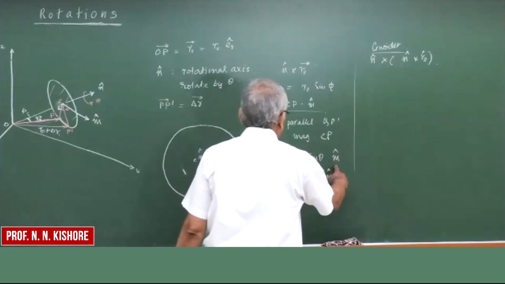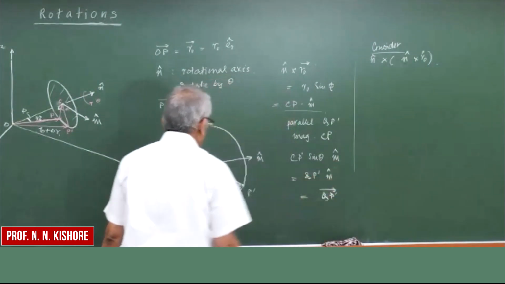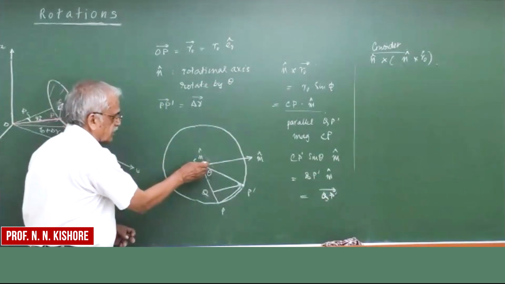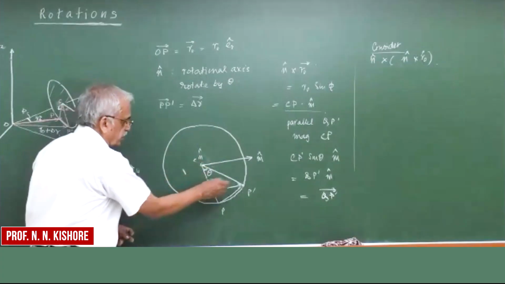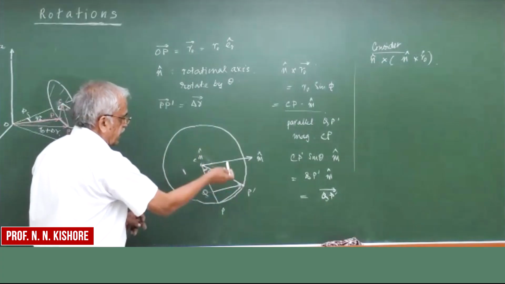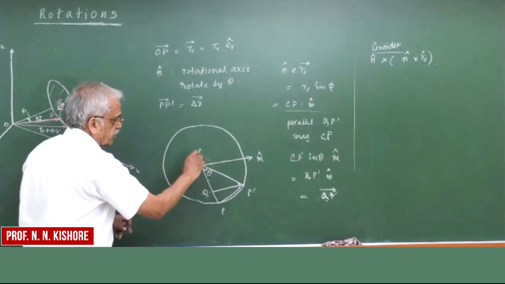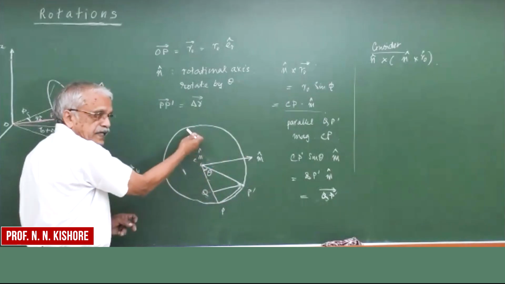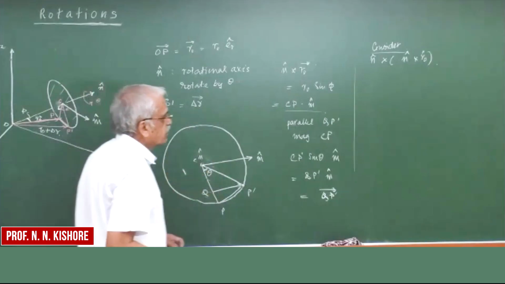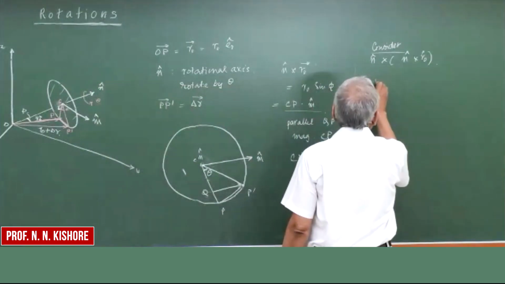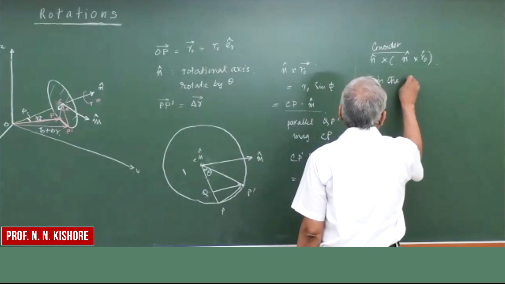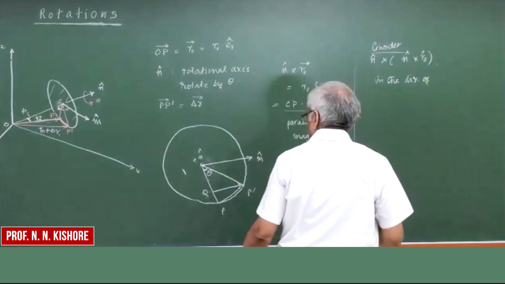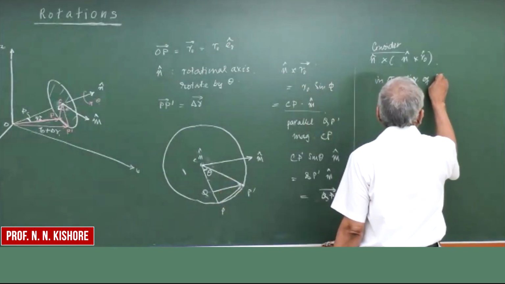So that is this vector. Okay. So if I take the cross product of this one with this one, it will be a vector going in this direction, in the direction of P to C.